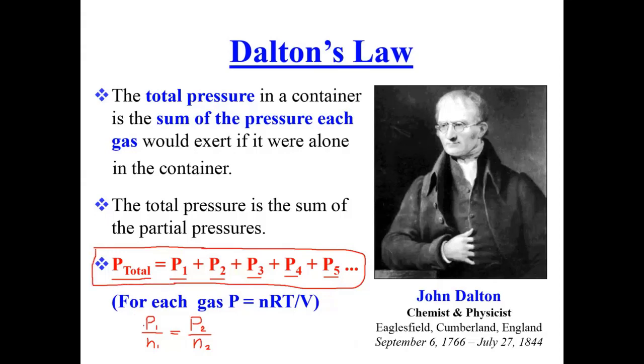But this bottom application is also proportional. And this can actually be rearranged. If the second pressure is the total pressure, let's say P2 is P total, you could divide both sides by P total, and this will be P1 over P total.